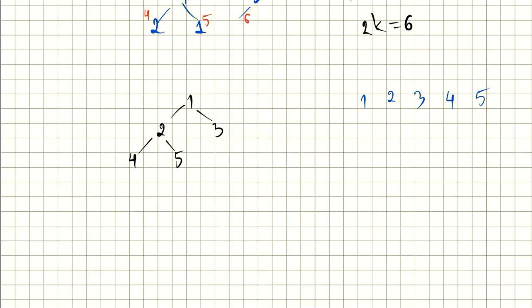So we'll create another array, where the first element will be none initially, then 1, 2, 3, 4, and 5. This is a linear time operation. Basically, we just copy the content of this array to a new one, and this is the array we're going to play with, so we're going to make it in the heap order.